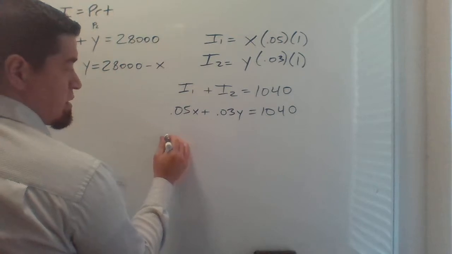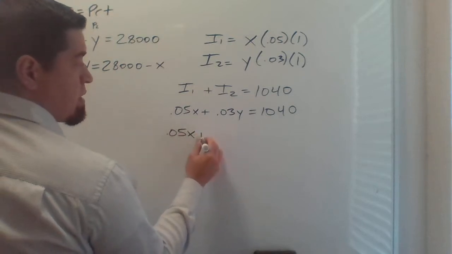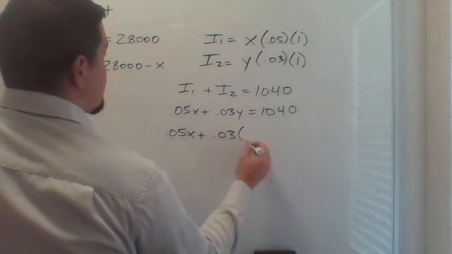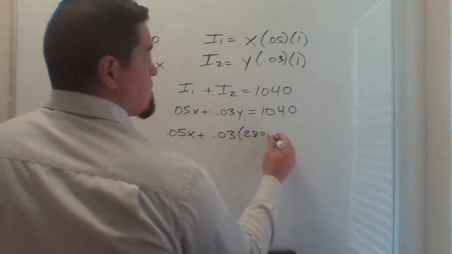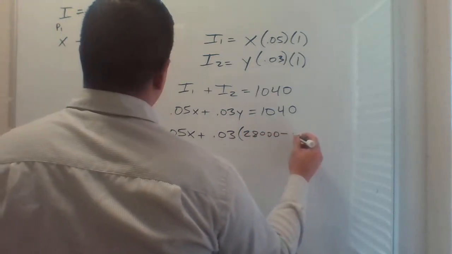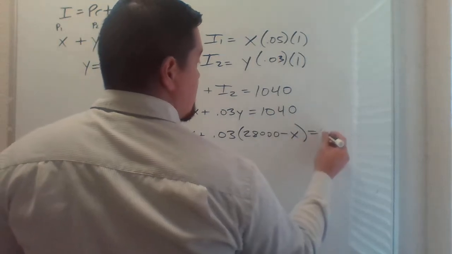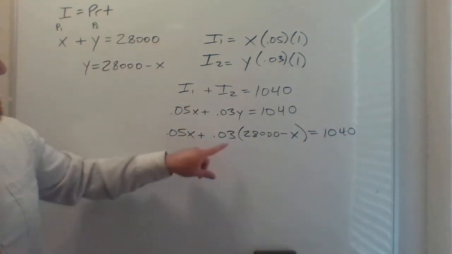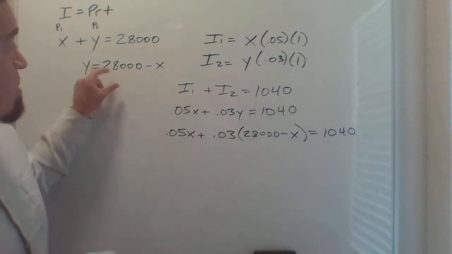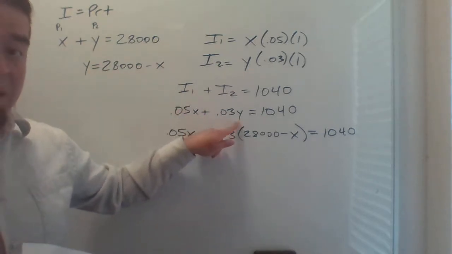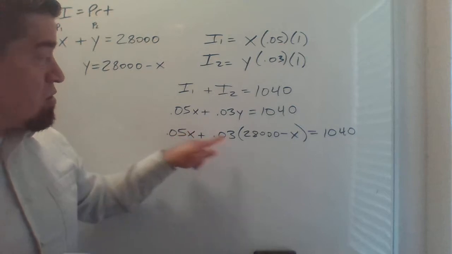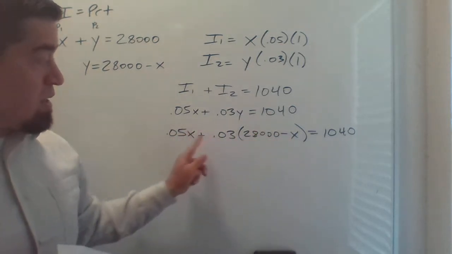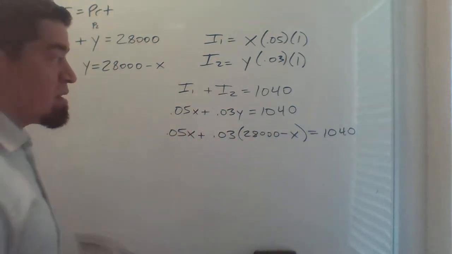It's going to look like 0.05x plus 0.03 times (28,000 minus x) equals 1,040. Because I substituted this part in for y, on the next line there is no y. There's only x's, which is good because we can solve for x.